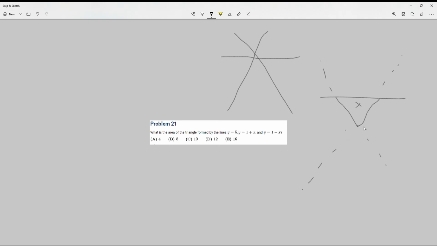The way we find this point of intersection is to set this equation and this equation equal to each other. So we have 1 plus x is equal to 1 minus x.